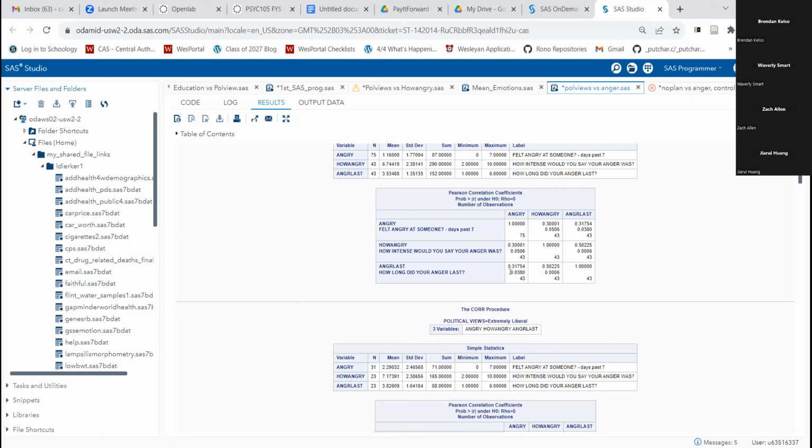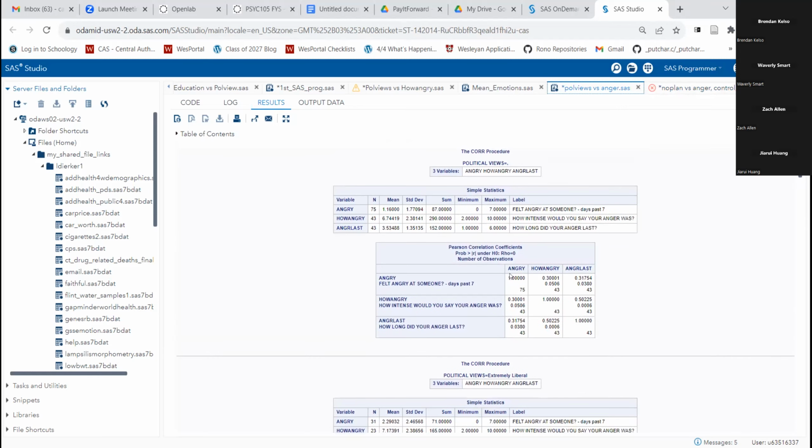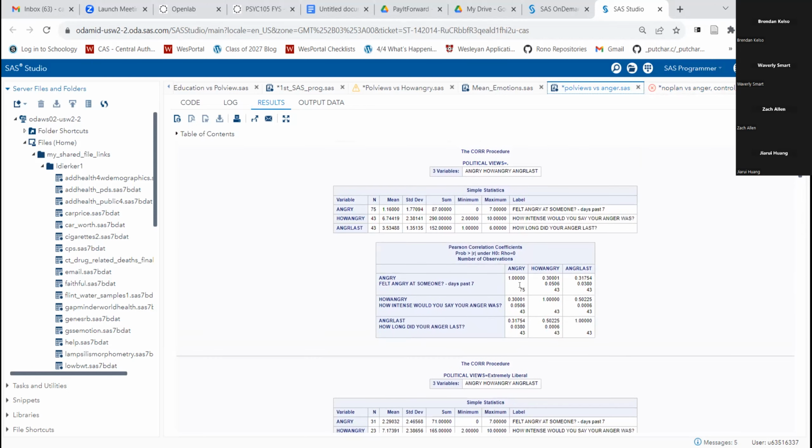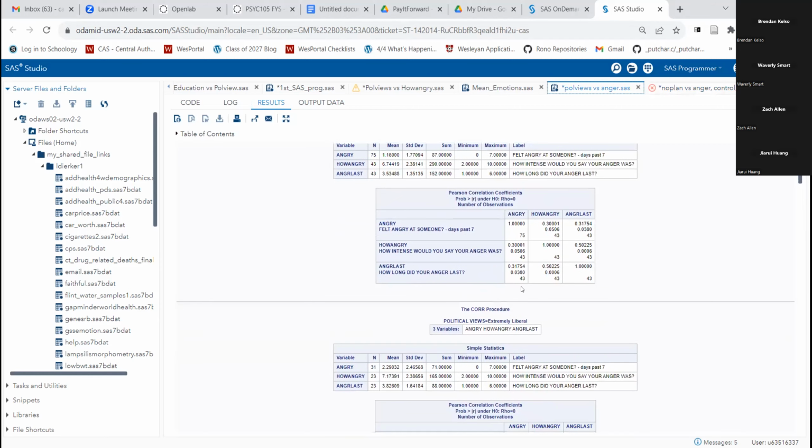These are all relationships between angry and how angry, and these are also grouped, but look at how small the groups are. 75, 43, that drops out most of your sample. They were grouped by each political view.